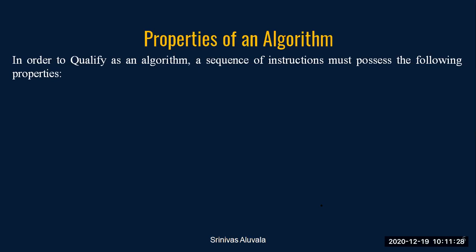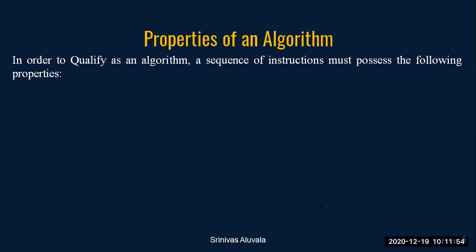To call it an algorithm, to qualify it as an algorithm, the sequence of steps we write should possess some properties. Don't think that when I get a problem, I write some sequence of steps, and that sequence of steps is called an algorithm.